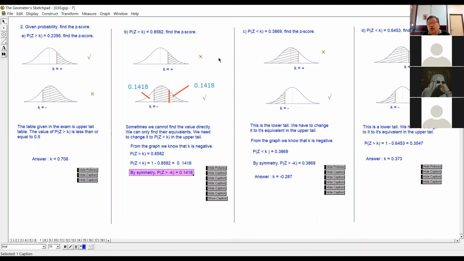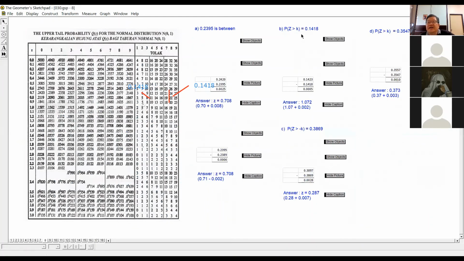So now I'm going to show you how to check the table for the z-score. Okay, we go and check the table for the z-score. Here it is. The probability of z greater than k is 0.1418.